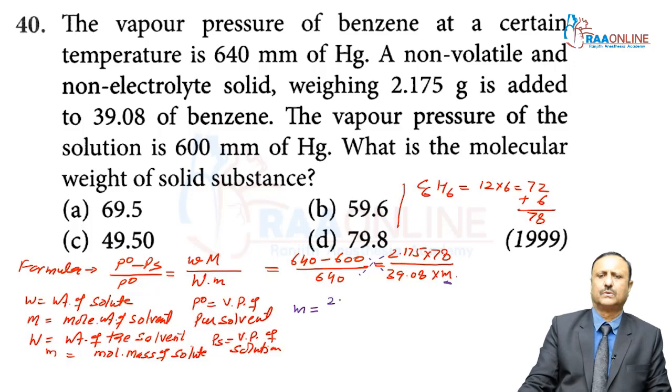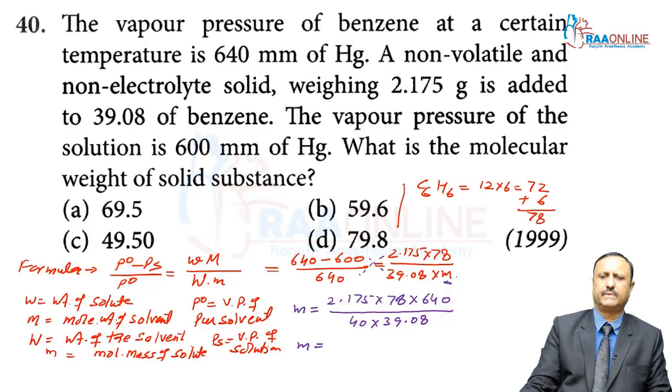So, 2.175 into 78 into 640, and that is divided by 640 minus 600, that is 40, multiplied by 39.08. My dear students, when you solve this problem, the decimal points are replaced, then multiplication and division.